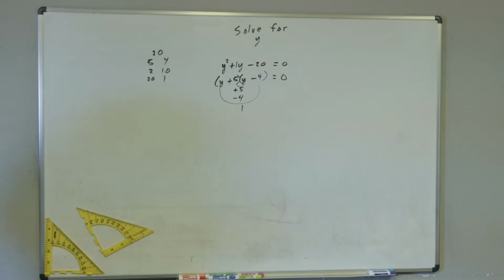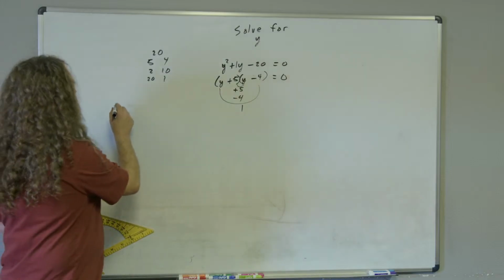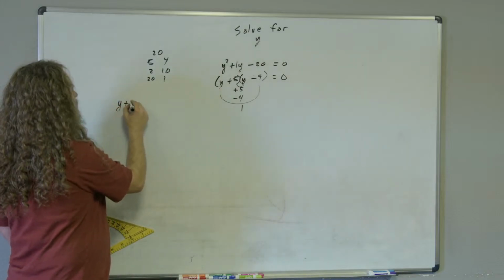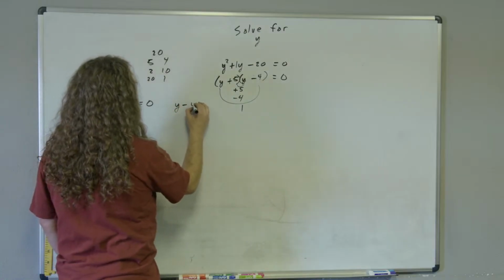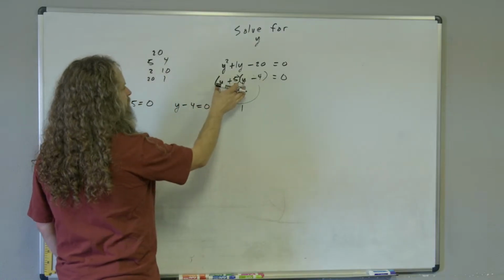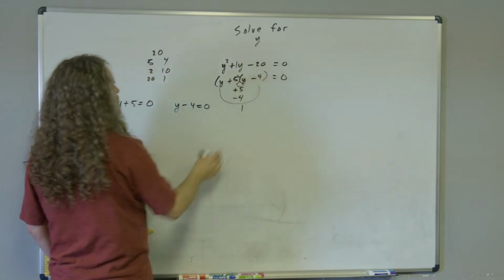So once an equation is factored and equal to 0, we have the ability to just set each factor equal to 0. So y plus 5 equals 0. And y minus 4 equals 0. That's just this equals 0 and this equals 0, right?